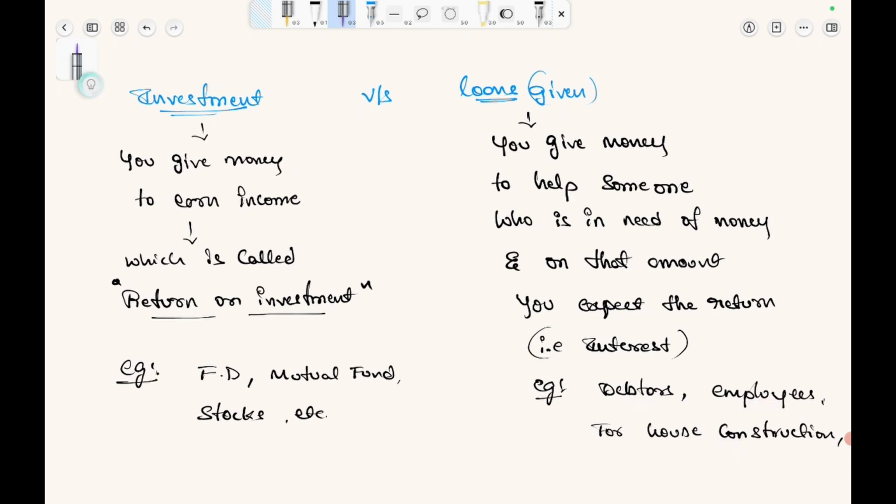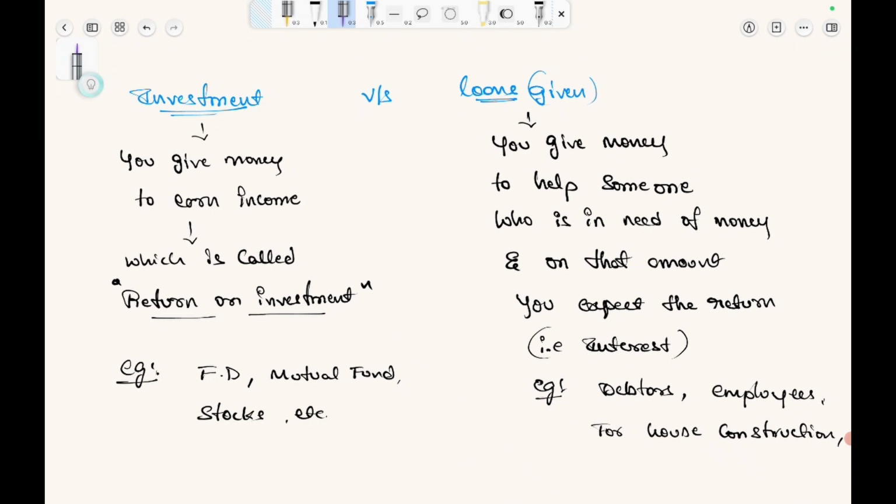Let's consider, for example, a person who wants to build a house and is in need of money. Then he will approach the bank and ask for money. The bank says, if I give this money to you, then I will charge interest. The person will ask, why? I am repaying your amount in future. Why do you charge interest to me?